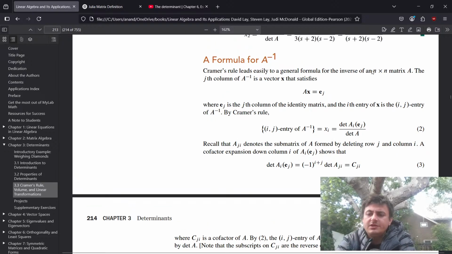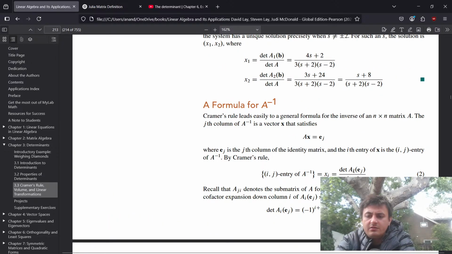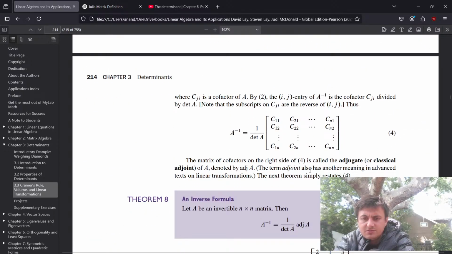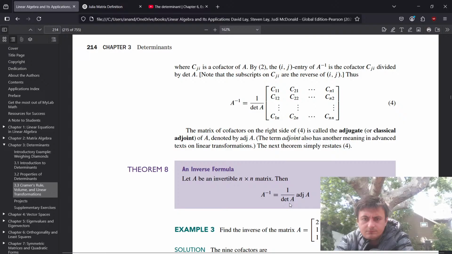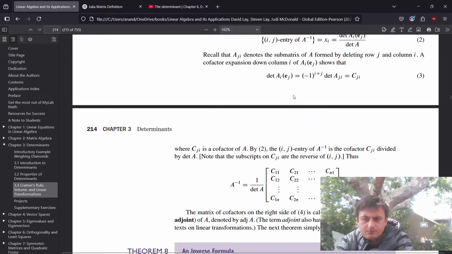So what does this mean? This means replace the ith column with the jth column of the identity matrix, and then you take these determinants and you get the ij entry of A inverse. Oh my gosh.